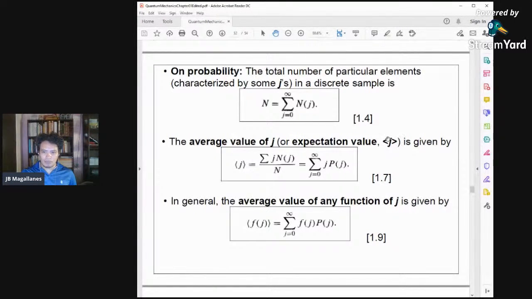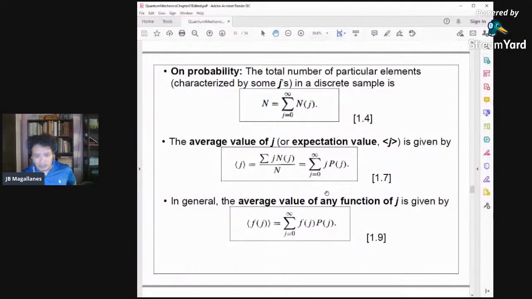You have brackets, and in between those brackets, you have j. This is the expectation value. This is given by the summation over j, or equal to the summation of j times P_j, the probability of occurrence of that j. So j comes from, again, 0 until infinity.